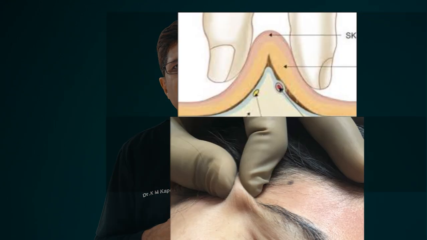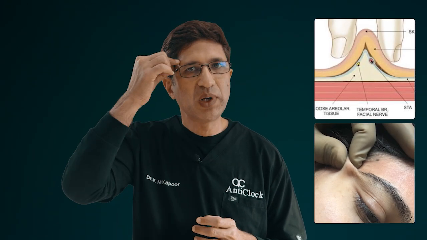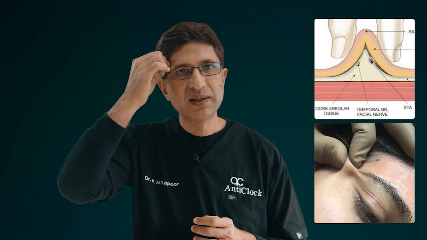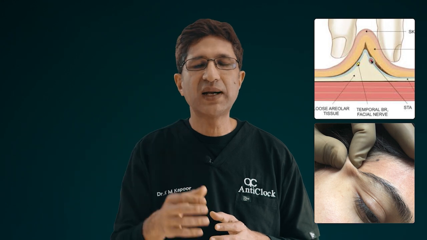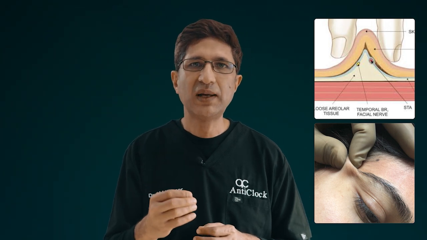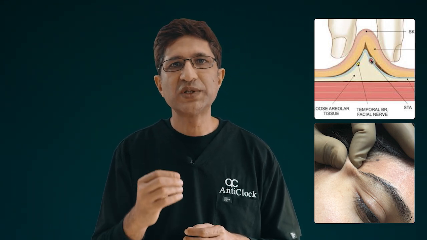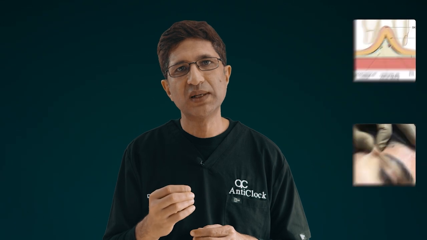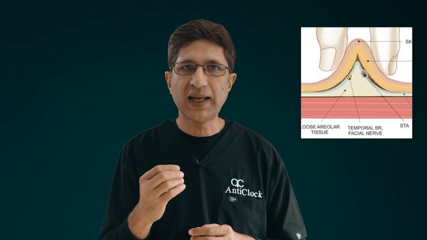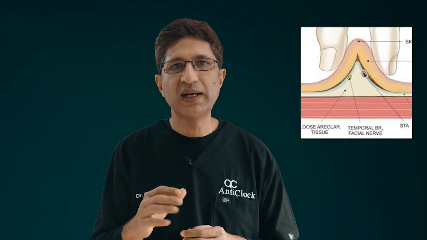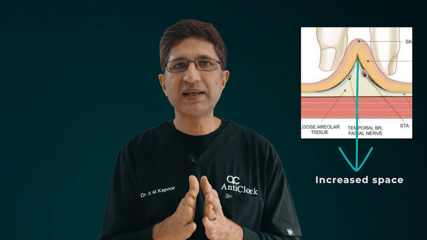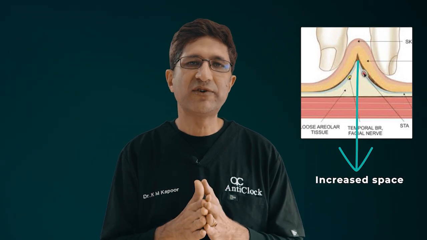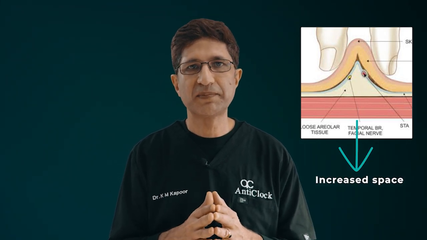On the other hand, a deep pinch, also called pinch and pull maneuver, creates more space by pulling up the skin like this. So skin, subcutaneous fat and superficial temporal fascia along with the superficial temporal artery are pulled, while the deeper structures like the deep temporal fascia remain fixed. This creates a larger, safer space for injections.